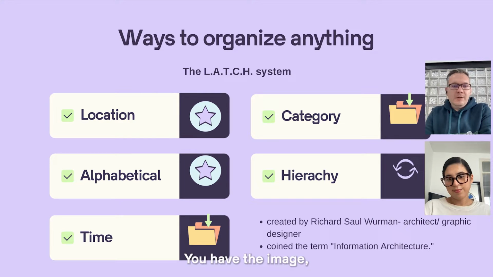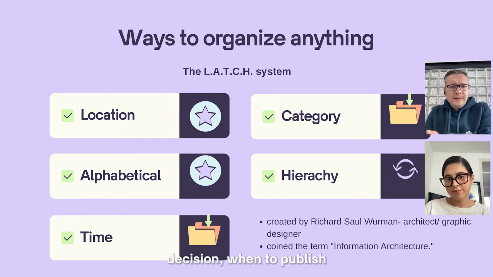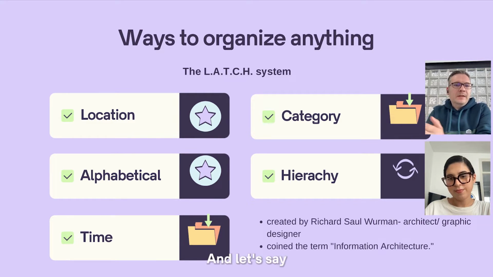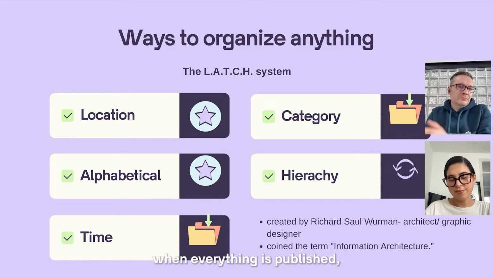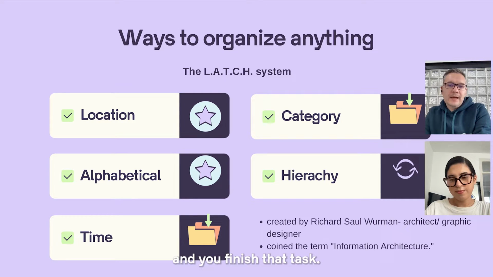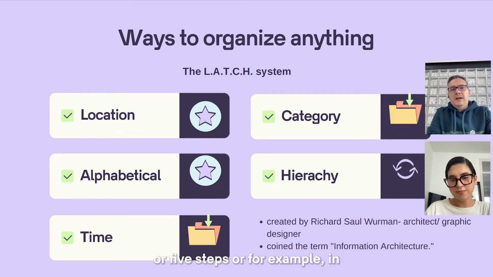So you have the image, you have the text for the blog, you have the video done, but you need a final decision on when to publish, how to publish, or on what network to publish. And let's say the final one is completed, when everything is published, everything is okay, everything is checked, and you finish that task.